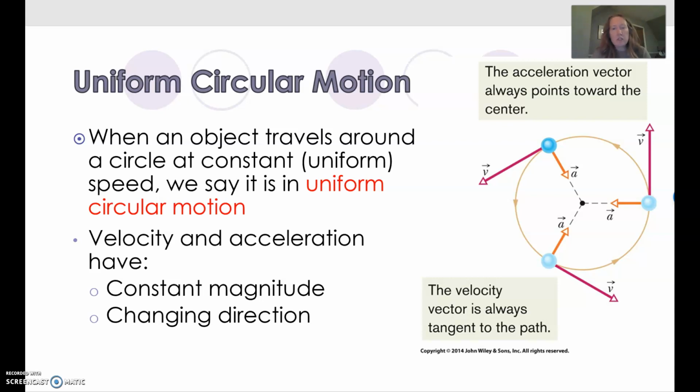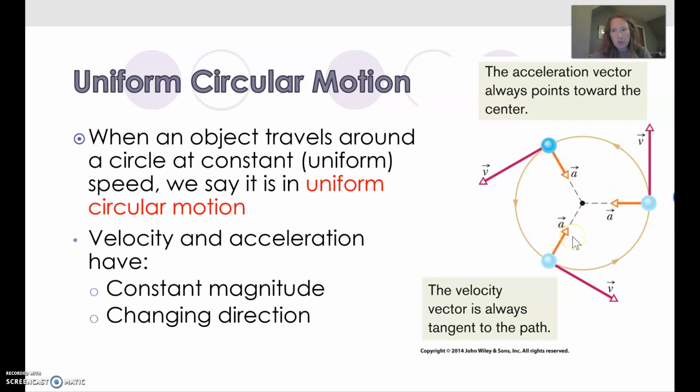The object is only changing direction. So the velocity is going to have that same magnitude all the way around the circle. And so you can see the length of this velocity vector isn't changing here, but it's obviously changing direction.